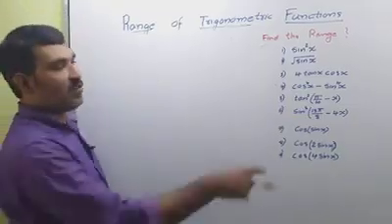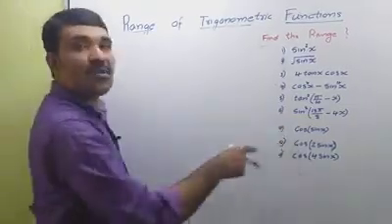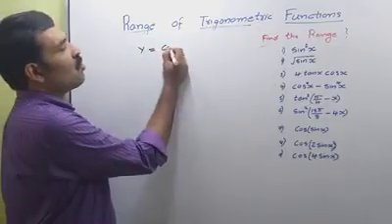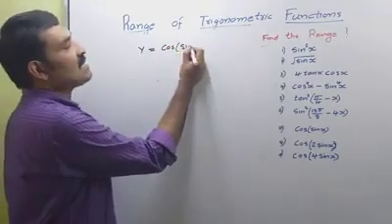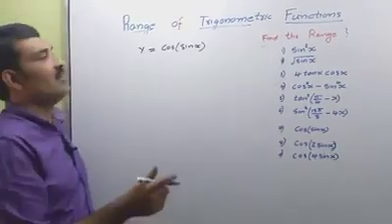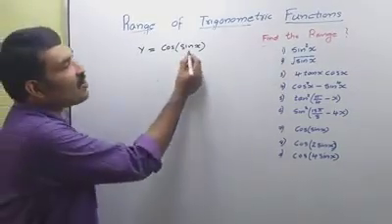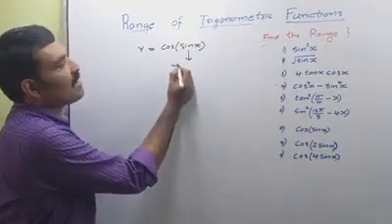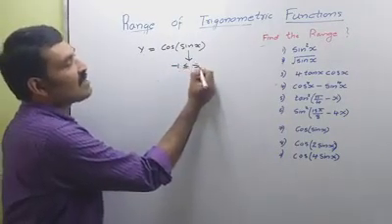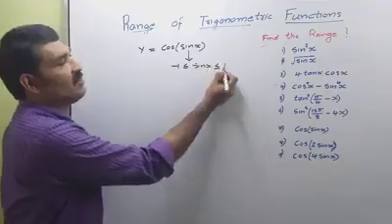Consider the function y is equal to cos of sin x. We want to find the range of this function. We know that the value of sin x belongs to minus 1 and 1, that is minus 1 is less than or equal to sin x less than or equal to 1.